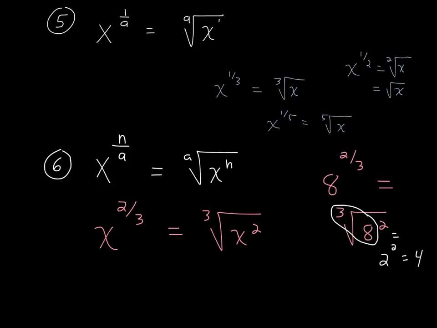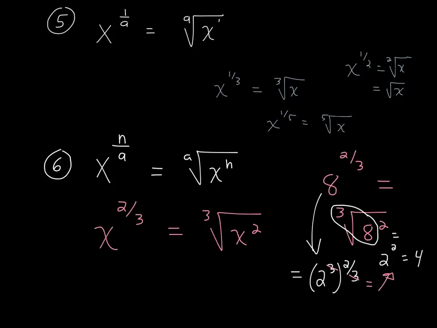Okay. Another way of doing this problem is you could say, okay, this 8 to the 2/3, well, 8 is 2 cubed, and then if I take that and raise it to the 2/3 power, notice that if we have a power to a power here, we multiply straight across, these 3's are going to cancel, you're left with 2 squared, or 4.